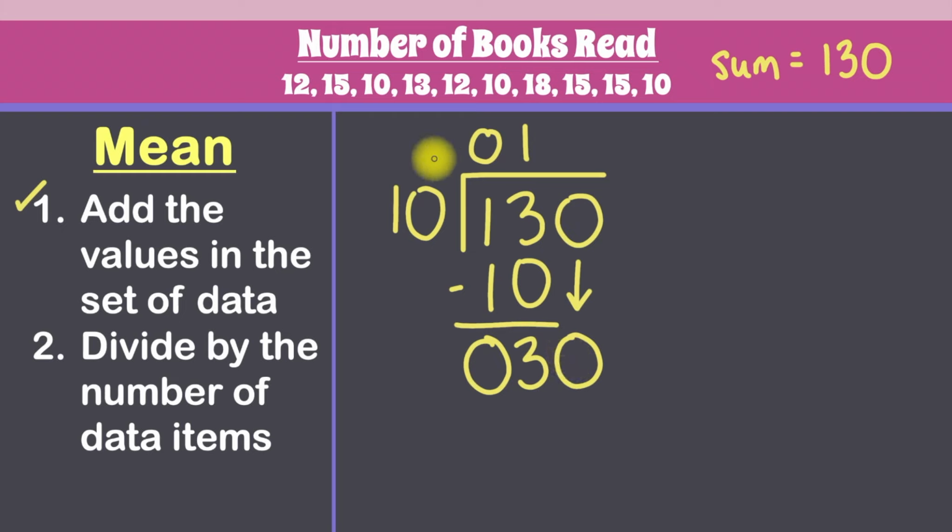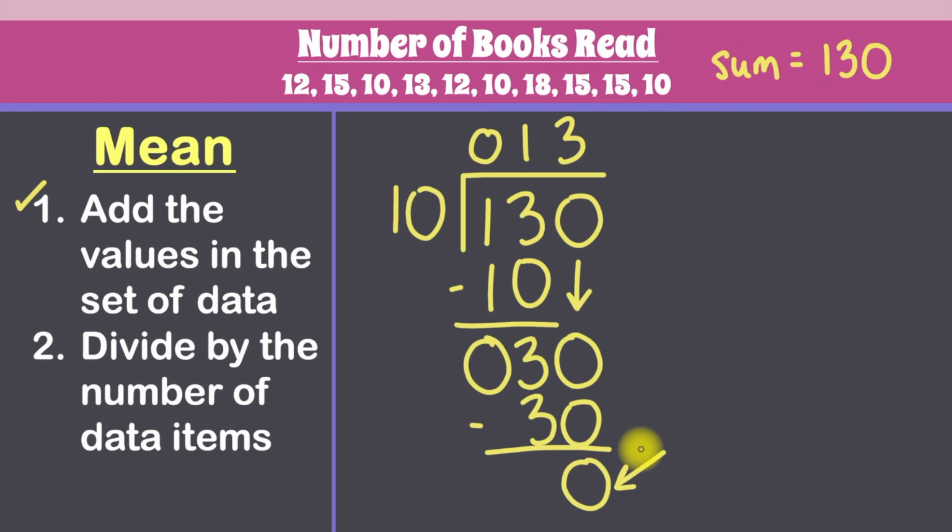So how many times can 10 go into 30? Well, that's 3 times, because 3 times 10 is 30. When we subtract that, we get 0. And that 0 right there, math aces, along with the fact that there's no more place values to bring down, tells us that our division is done.